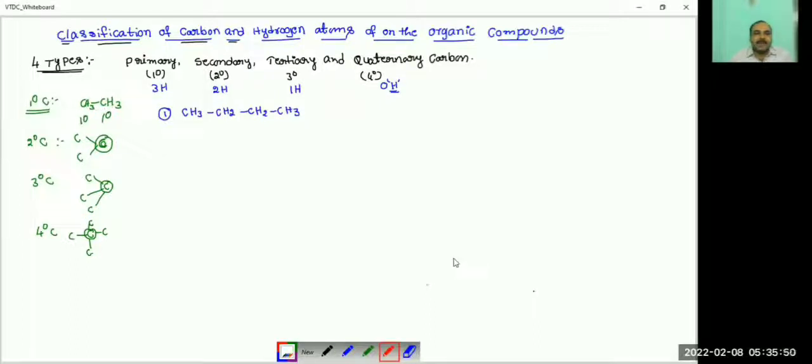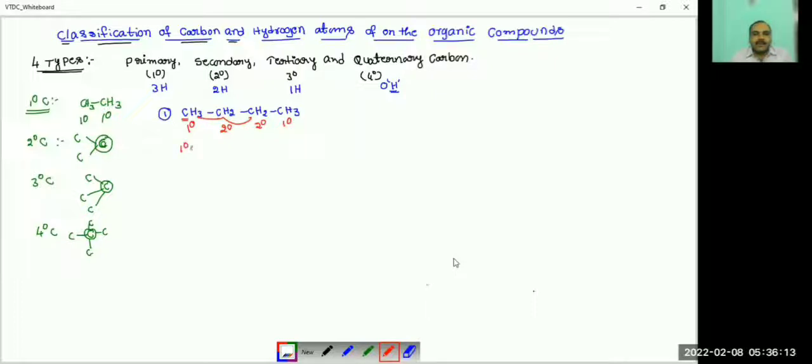If a carbon is bonded with a single carbon atom, that is primary. So this is bonded with only 1 carbon atom, that's why this is the primary carbon, and this is bonded with 2 carbon atoms, so this is secondary. The same for this one, secondary, and this one is primary.